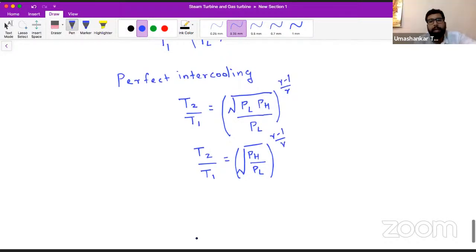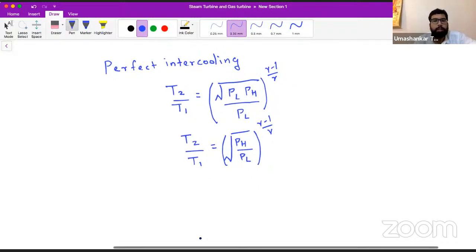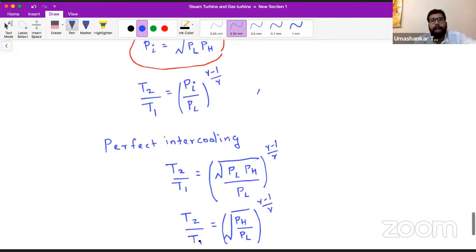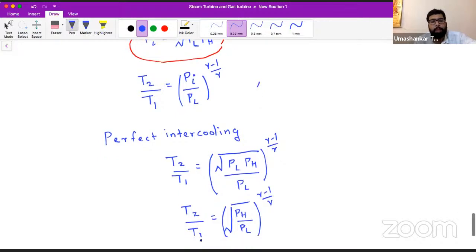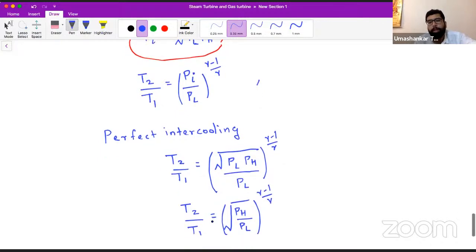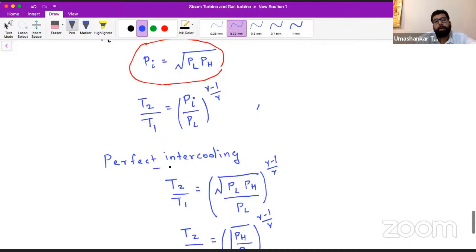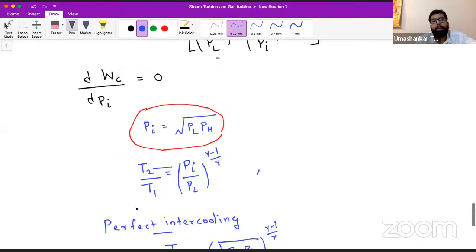So from here you can also find the intermediate temperature, that is T2, the temperature at which you want to compress your air. But I'm not recommending you to memorize all these, because firstly, it is the perfect intercooling case.